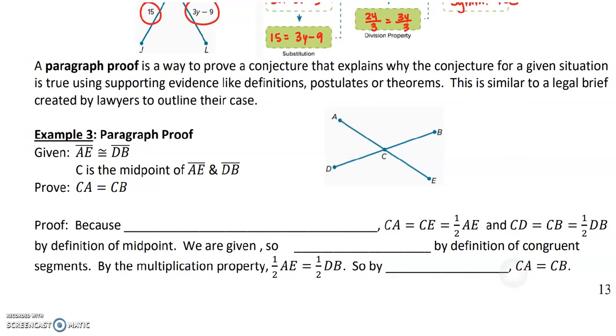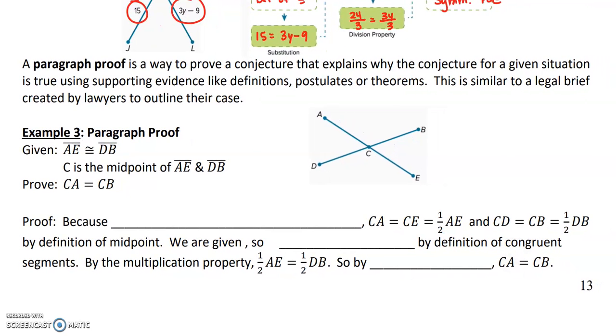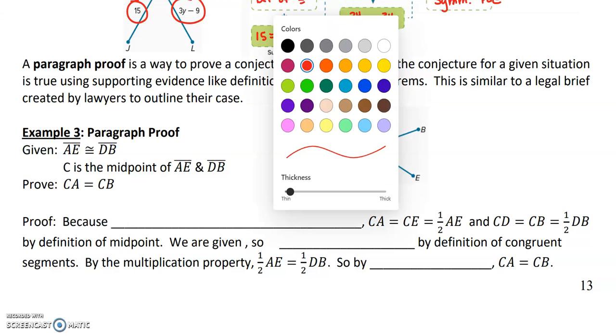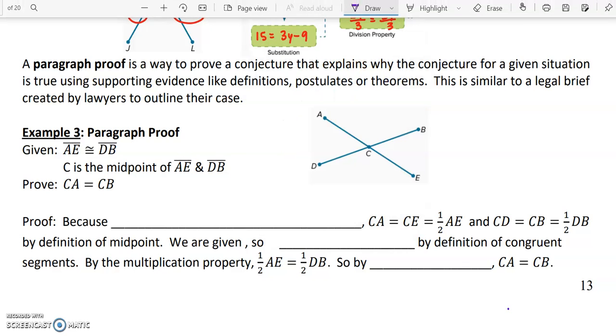Last, we're going to take a look at paragraph proofs. It's a way to prove a conjecture, or what we're trying to prove, and explains why, but more like a legal briefing outlining. So it's just more sentence format, with our reasons and our statements together in sentences. So because, and we're going to start with given here.